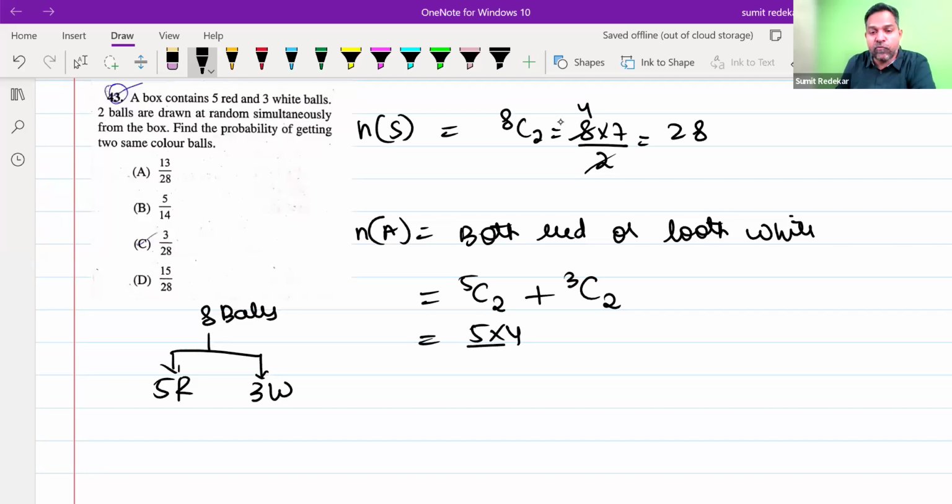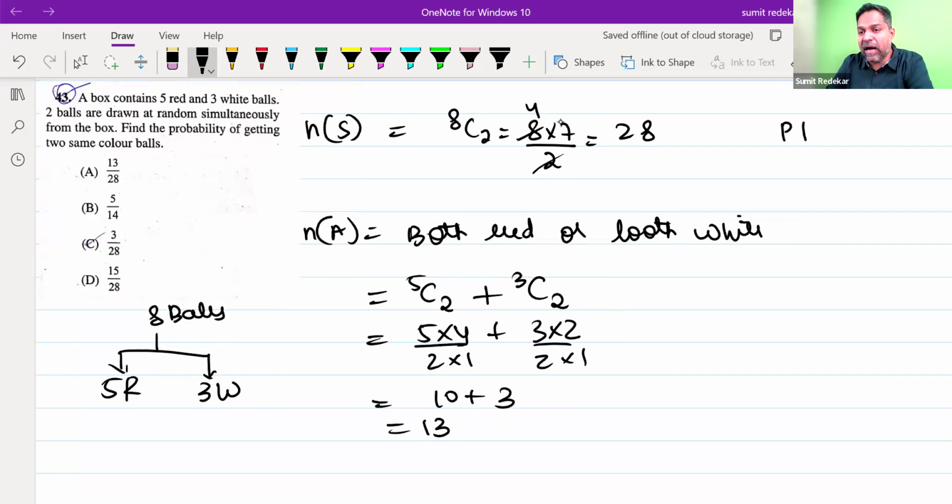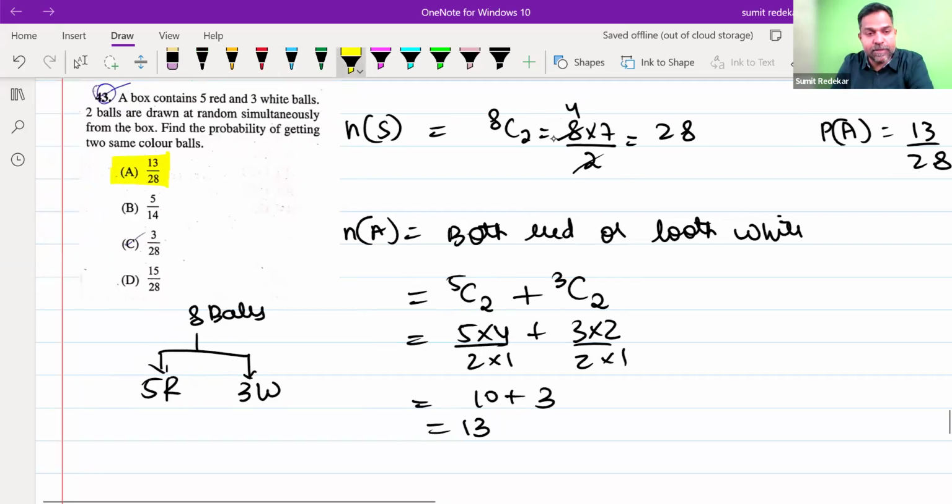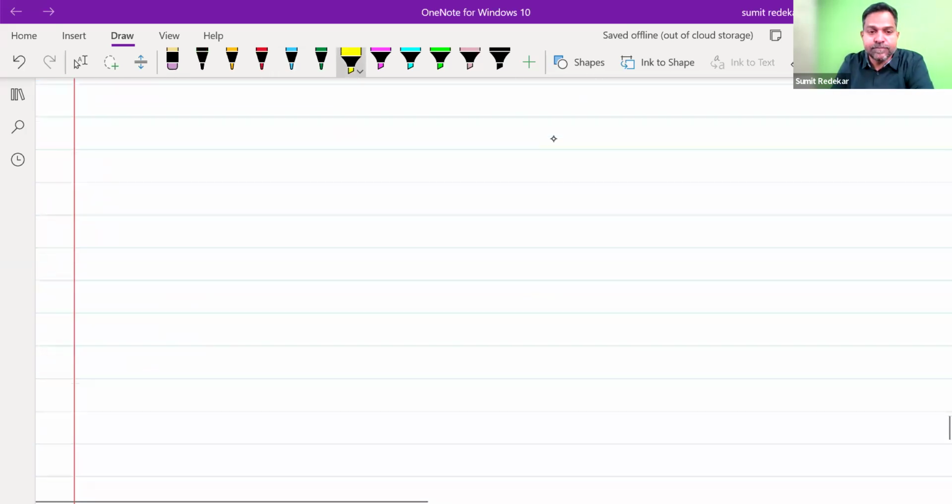That's 5 into 4 upon 2 into 1, 3 into 2 upon 2 into 1, which is 10 plus 3, which is 13. Then the probability of A occurring is 13 out of 28 outcomes. The answer to that is going to be 13 out of 28. The answer to 43 is going to be A.